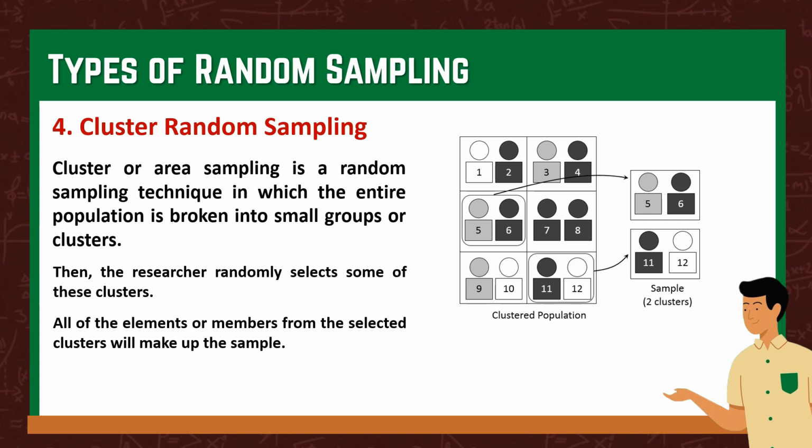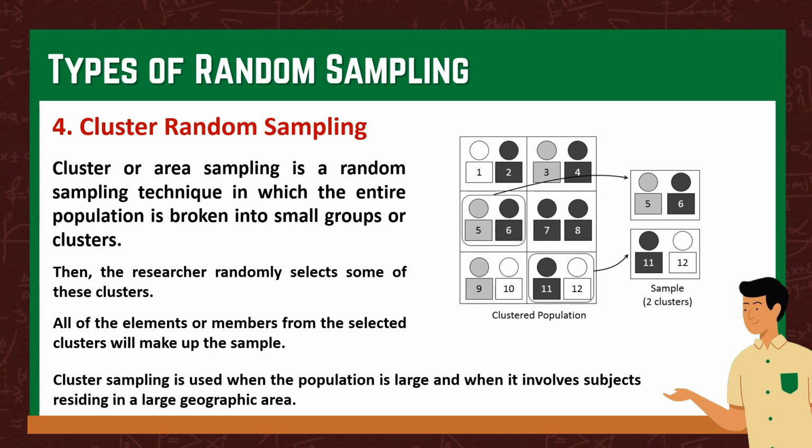At lahat ng members or elements sa napiling cluster ay magiging parte na ng sample. Cluster sampling is used when the population is large and when it involves subjects residing in a large geographic area.